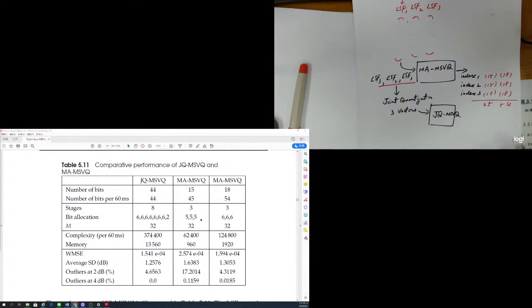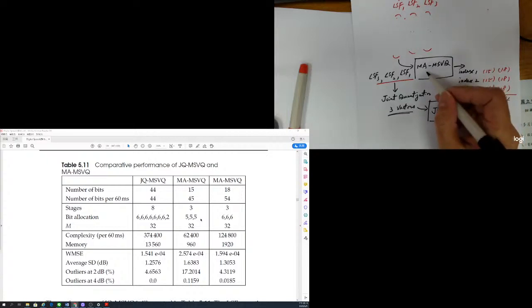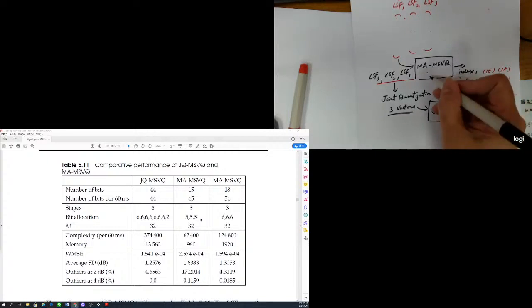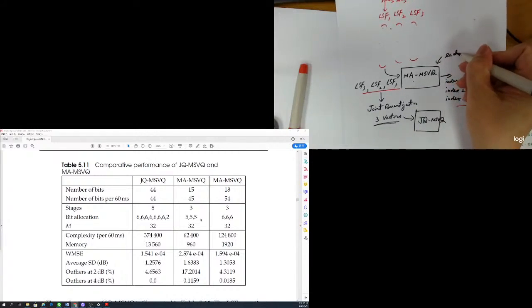So you will be seeing three vectors together, and your vector dimension will be 30 components inside there. In the past, the vector dimension is 10 for each vector, including 10 components.